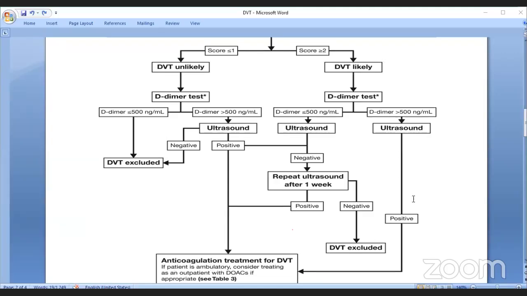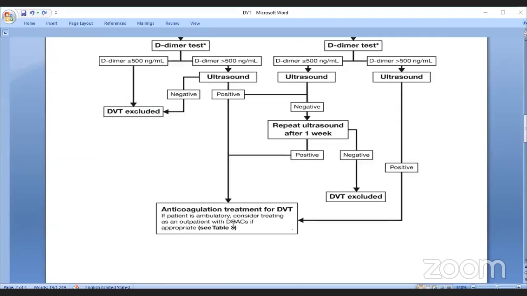This is ultrasound. It is positive. So all positive ultrasounds are coming here on this box. If you read this box, anticoagulation treatment for DVT: if a patient is ambulatory, consider treating as an outpatient with DOACs if appropriate, okay?